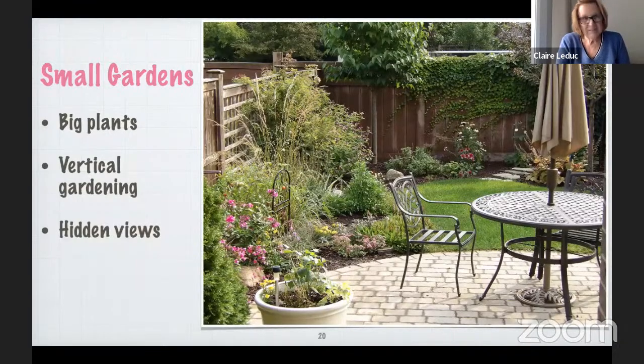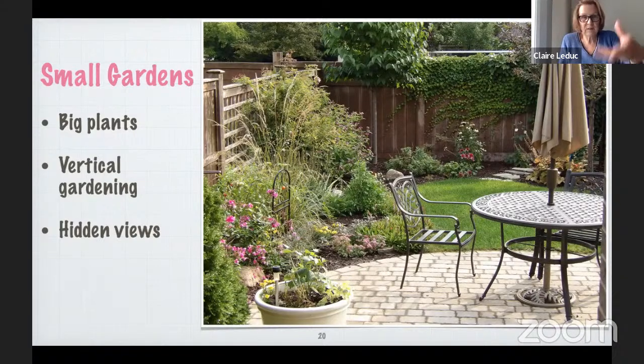If you have a small garden, don't worry. There's always a solution. Don't be afraid to use big plants. I think when we have a small garden, we think everything's got to be small because otherwise it's going to look silly. But actually, growing somewhat bigger plants, not too big, can give the illusion of a bigger garden.